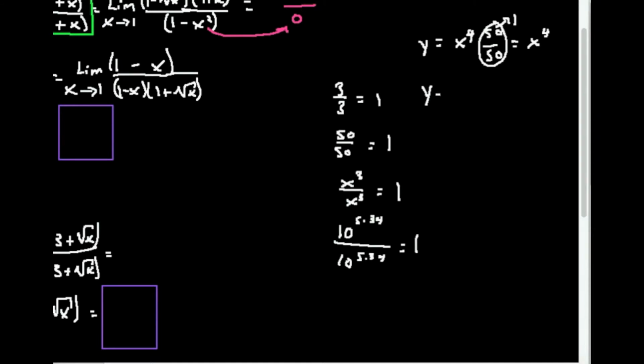Likewise, if I have y is equal to x to the 4th, what if I multiply by x minus 3 divided by x minus 3? Well, this is a term here, but I still have what's in the numerator, x minus 3, divided by what's in the denominator, x minus 3. So this is still 1.